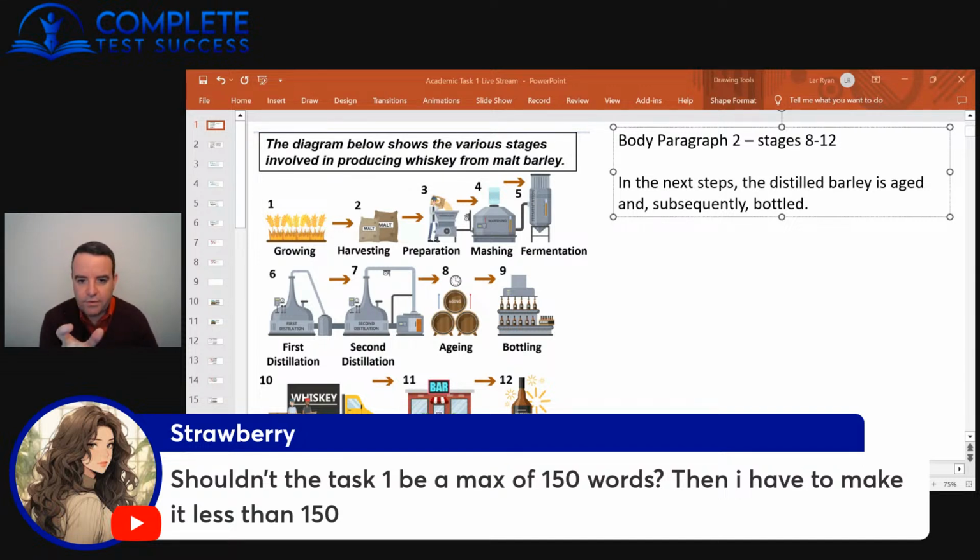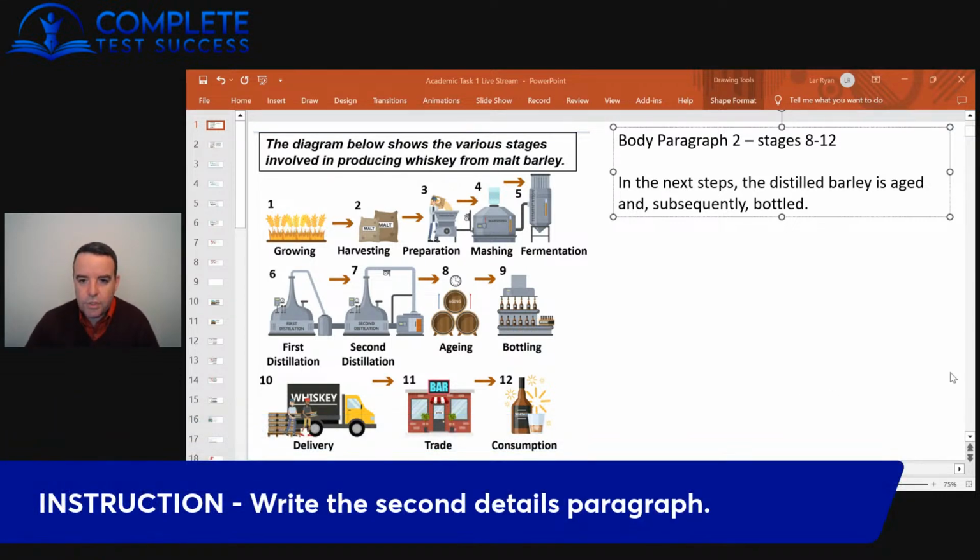So if you wrote 140 words, they would calculate your task achievement score, and if you got a 7, they'd go minus 1 because it was shorter than 150. They don't have a penalty anymore, but it's still difficult to get a high task achievement score if you're not being descriptive enough, and it's difficult to get high vocab and grammar scores if you're not showing range. So no, the 150 word limit is the minimum, not the maximum.